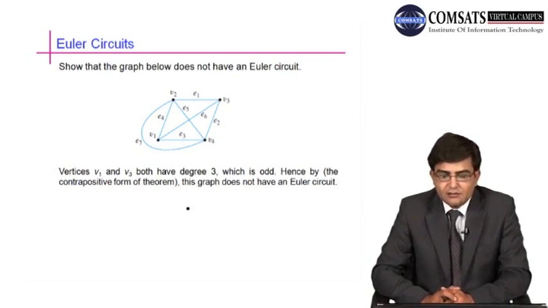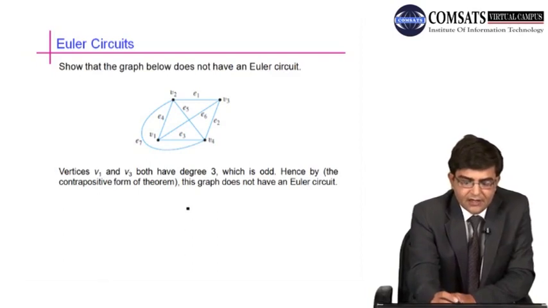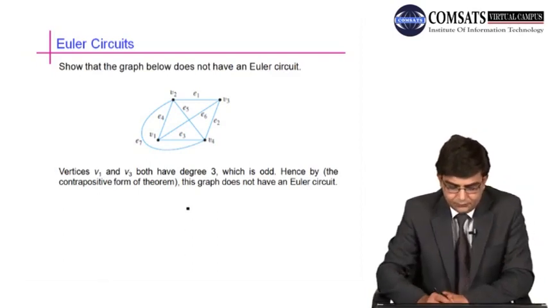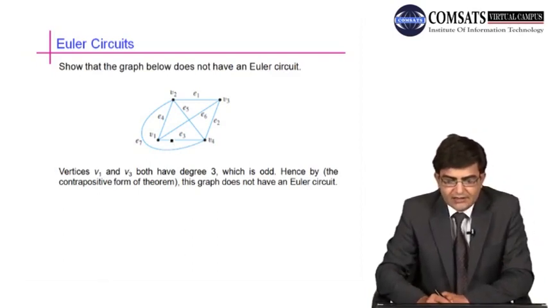First, the vertex v1 has degree 3, because there are three edges, 1, 2, 3, incident on v1.